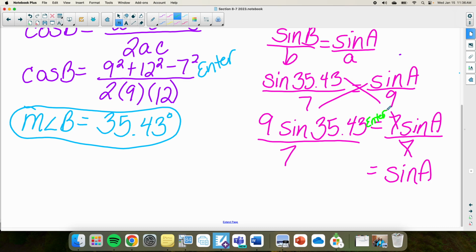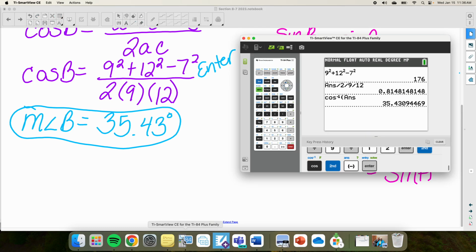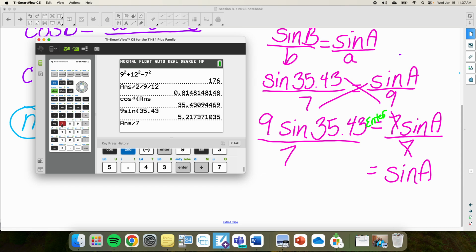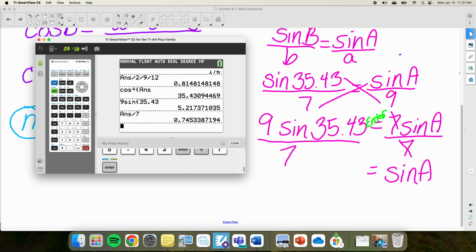So now let's pull up our calculator and type that in. We can go 9 sine 35.43, enter, divide by 7, enter, and you should again get an answer less than 1. If you haven't, that means you did something wrong.